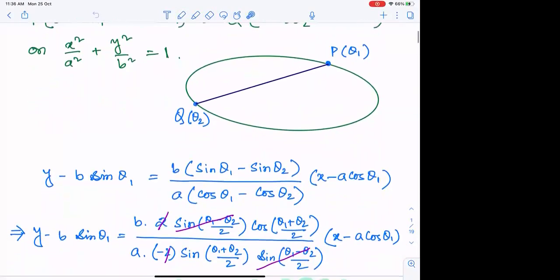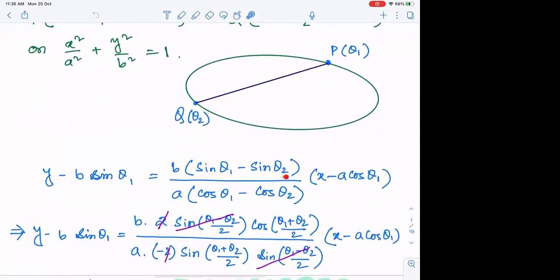So we have gone by factorization. Now sin theta 1 minus sin theta 2 is 2 sin of theta 1 minus theta 2 by 2, and cos of theta 1 plus theta 2 by 2, whereas cos theta 1 minus cos theta 2 is minus 2 sine of theta 1 plus theta 2 by 2 and sine of theta 1 minus theta 2 by 2. So we can cancel out the sine of theta 1 minus theta 2 by 2 as well as the 2, right?